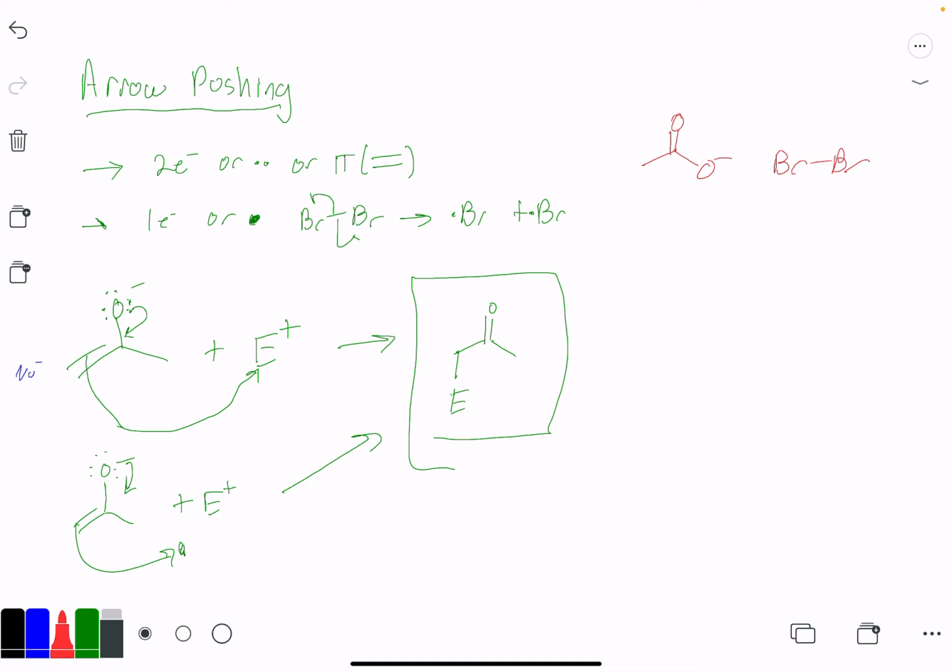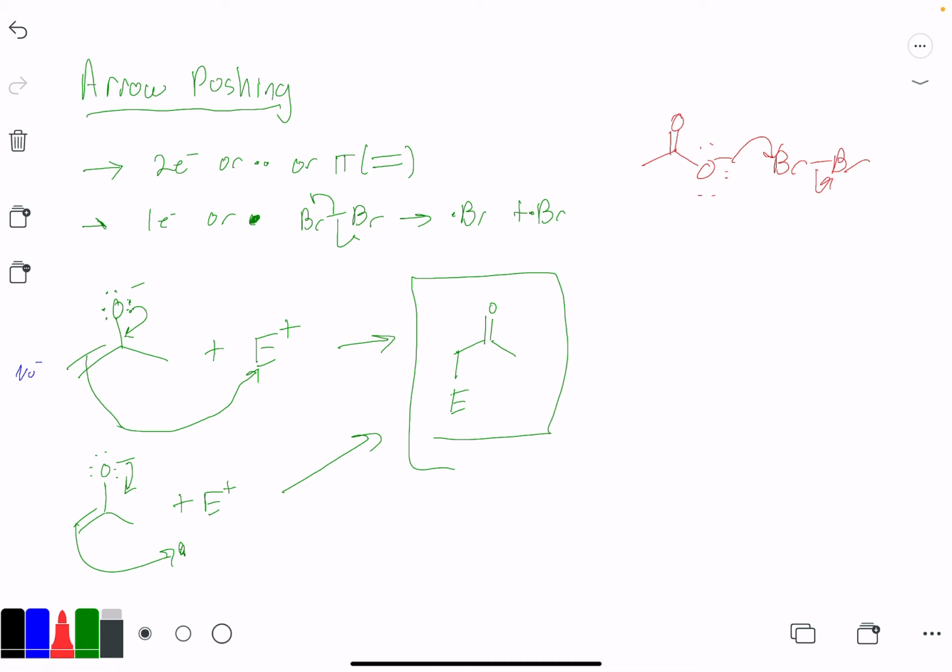But you're not going to have an oxygen attack a bromine. That's just not going to happen. You've got something that has plenty of electrons attacking something that has plenty of electrons. And so that's not what's going to happen. You're going to want to have something that really wants to give its electrons away more. You don't typically see a heteroatom attacking another heteroatom. So that's things to be aware of.